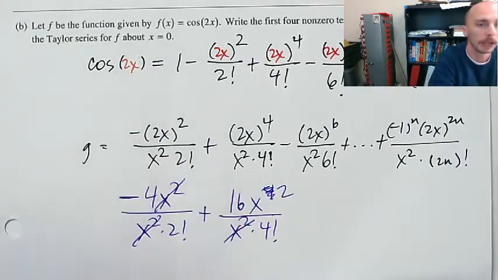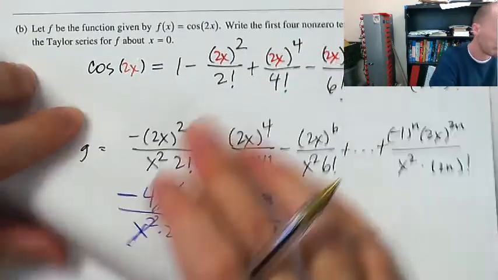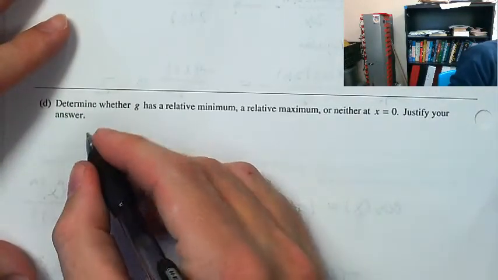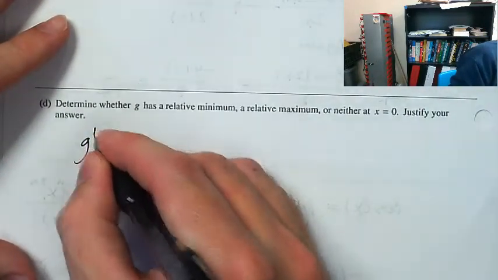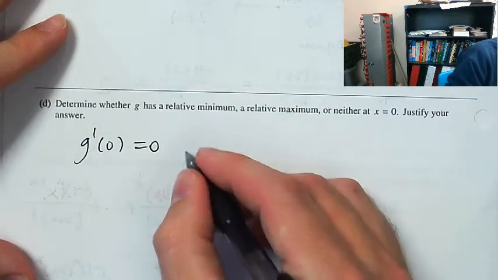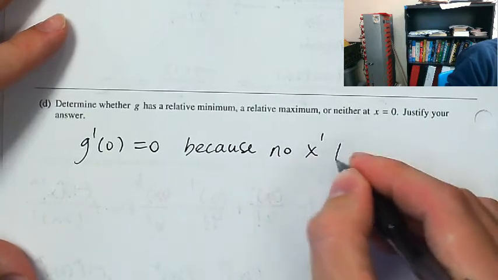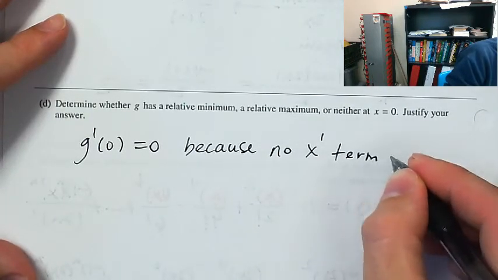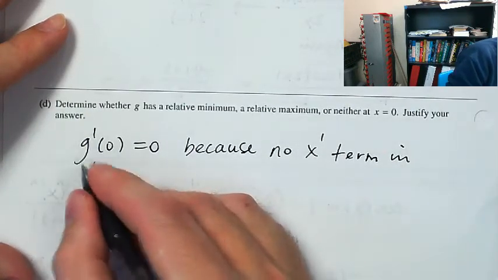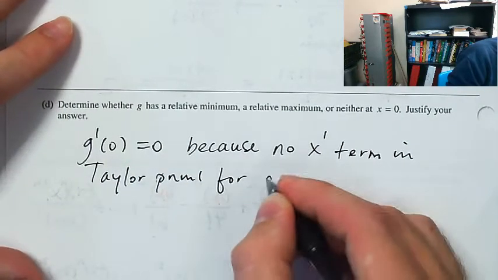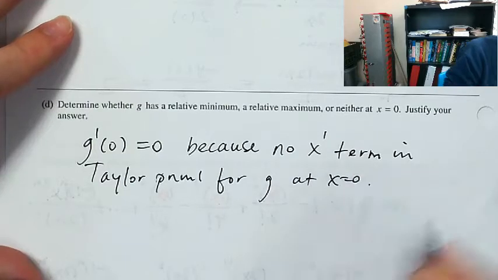All we care about is, okay, all right, I'm going to say g prime of 0 equals 0, because there is no x to the first term in the Taylor polynomial for g at x equals 0. Okay.